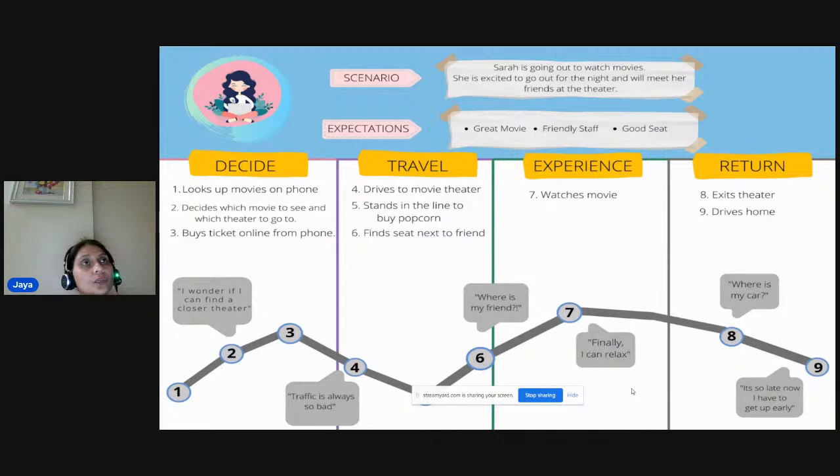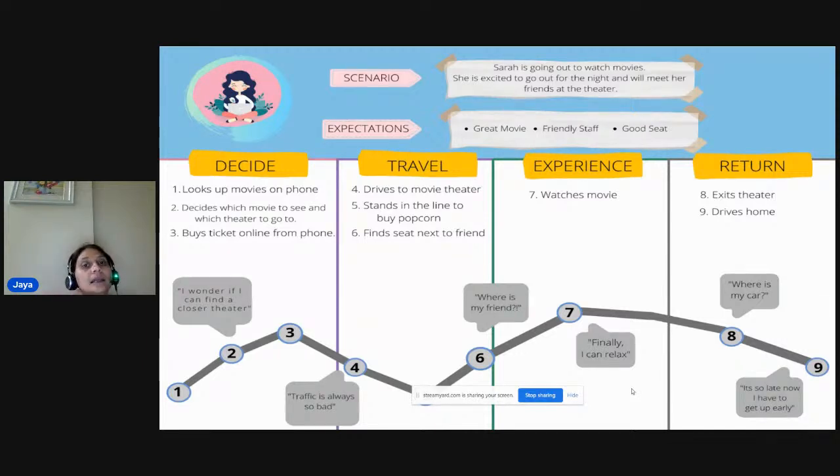Second, she doesn't want to consume time traveling instead of having a good time with her friends. Third would be the experience. The movie should be good, the ambience should be good, the staff should be good, and it should be relaxing for her. And last would be the returning part. As soon as the movie is finished, she can go back home safely.